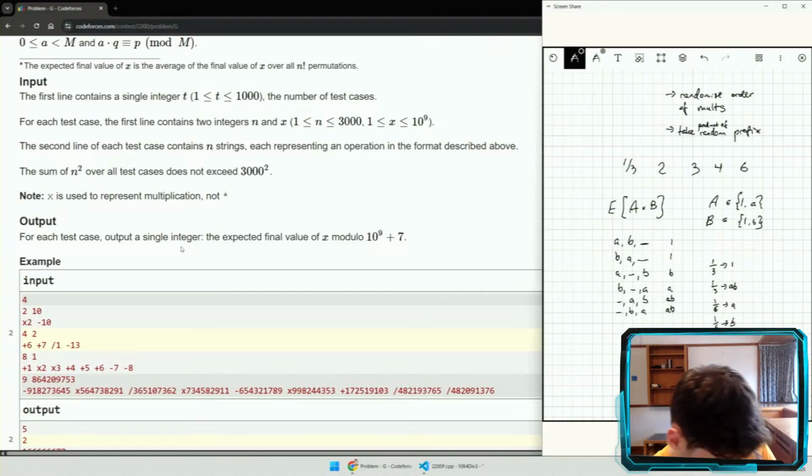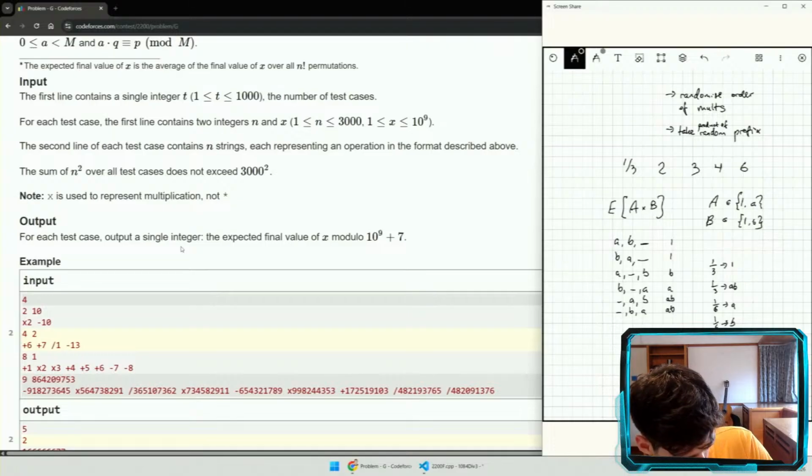In that case, we want the expected product of k random values out of n.